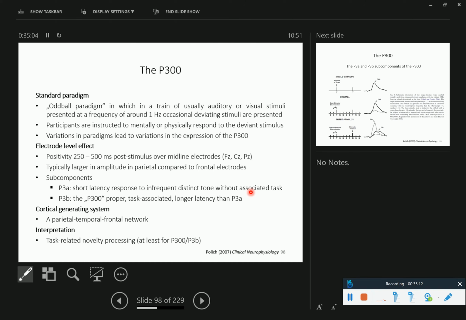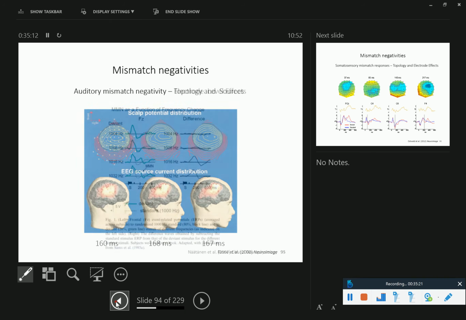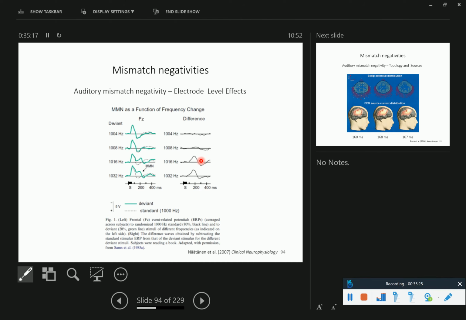So in the typical mismatch paradigm, let's look. I mean, we can look. It's the easiest. Well, there was a little bit of a P3A, right? But it's not that strong. So here, this positivity, that's a difference between the stimuli, is there in a mismatch negativity paradigm.